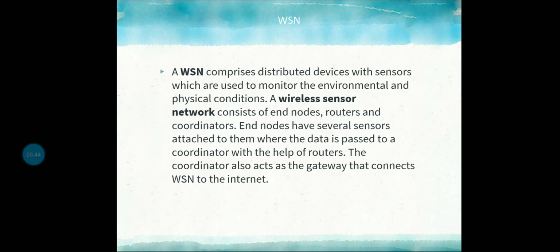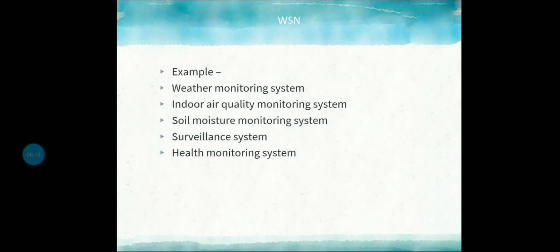End nodes have several sensors attached to them, whereas the data is passed to a coordinator with the help of the routers. So two very important parts are here: first the sensor, and second the coordinator. Through the routers they collect and pass the data. The coordinator also acts as a gateway that connects the wireless sensor network to the internet.